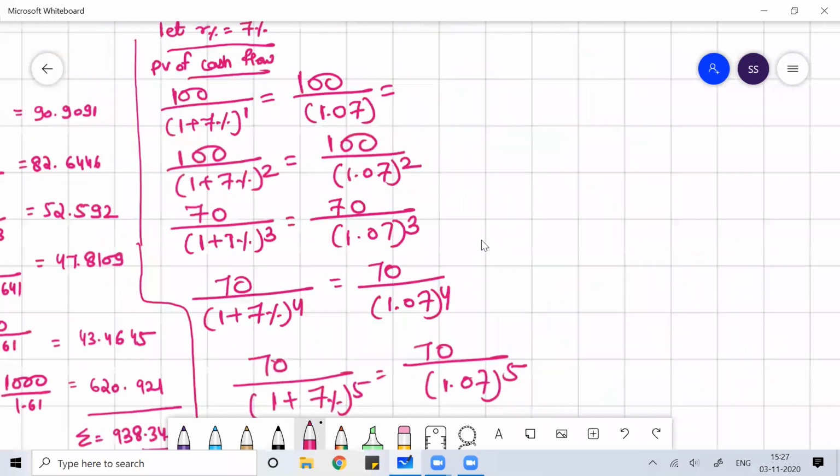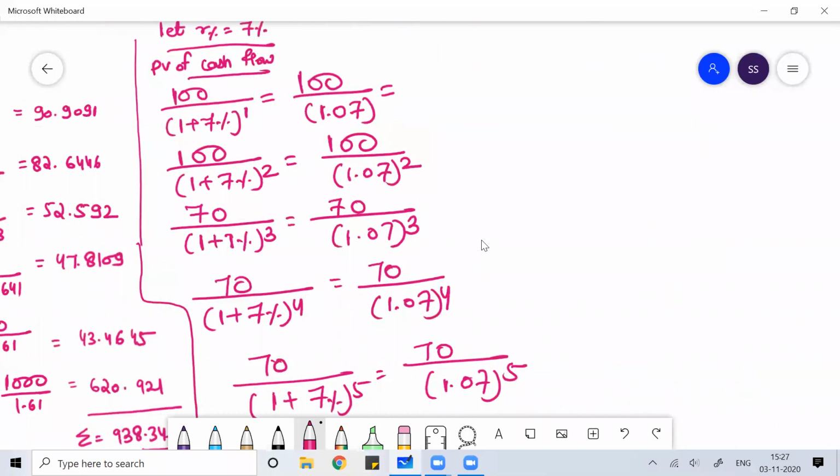So find the present value. One by one, you can find the present value.